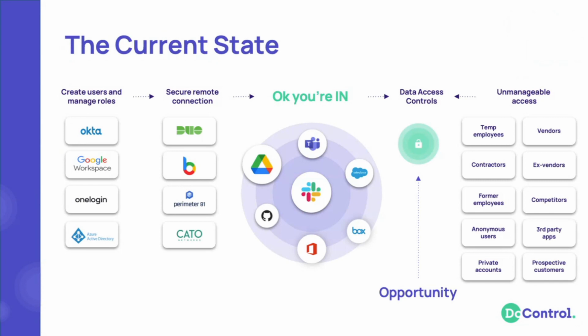So that's in the middle of the graphic. You get through the identity layer, you now have a secure connection, and now you essentially have access to all of the different applications that you should have access to.